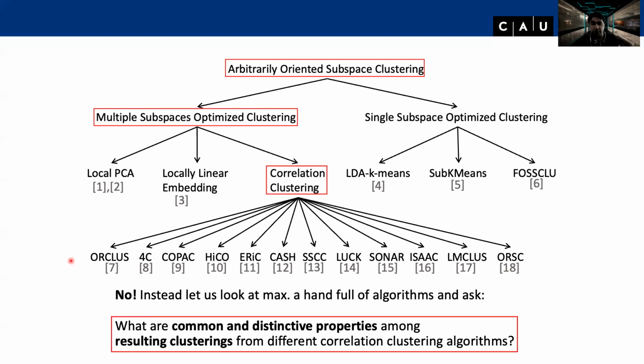Suppose you are going to be one of the leading heads, either in academia or in a company, and somebody approaches you and says, well, we've got high dimensional data and we want to cluster it, but there are too many features, we want to have fewer features, and we thought to use something like a correlation clustering method. I mean, the probability that somebody asks you exactly this is quite low, but anyway, suppose somebody asks you, which of the algorithms should we choose?